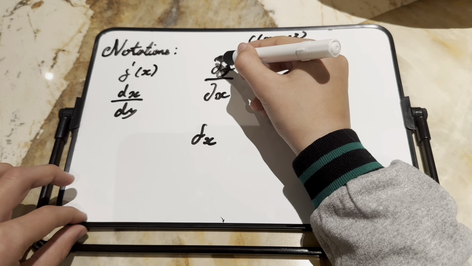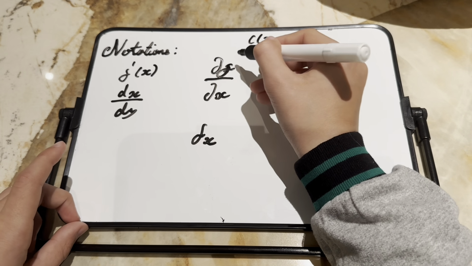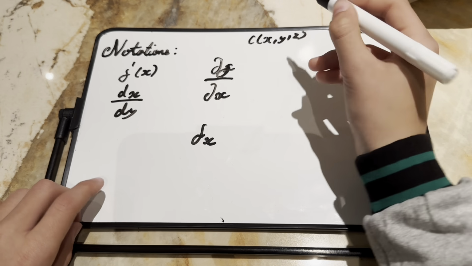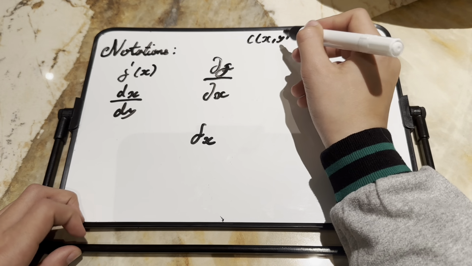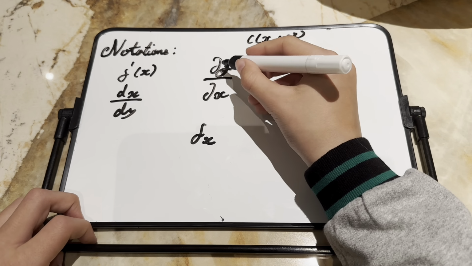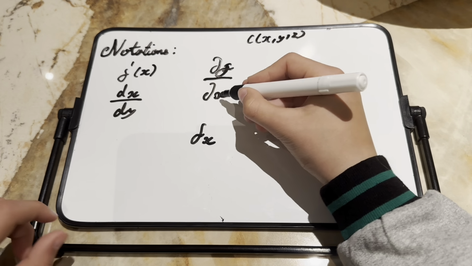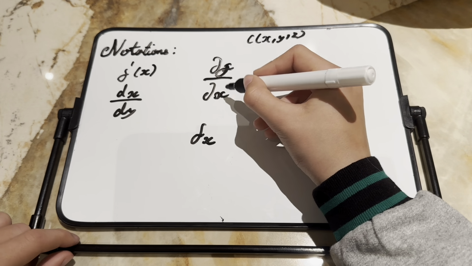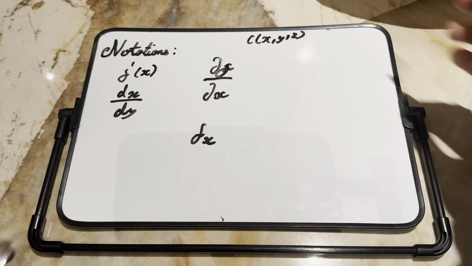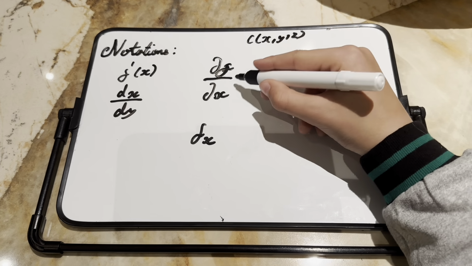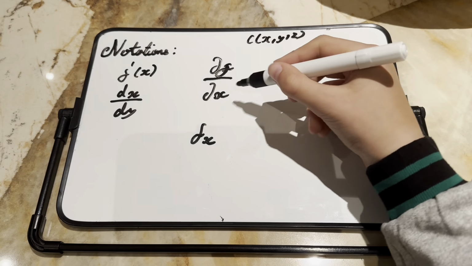And this is actually not d. We say partial, so it's partial f over partial x. And if we had c of x, y, z, then we would say partial c instead. And over partial x just means in which respect to, in which variable we put it in respect to. For example, here it's in respect to x.